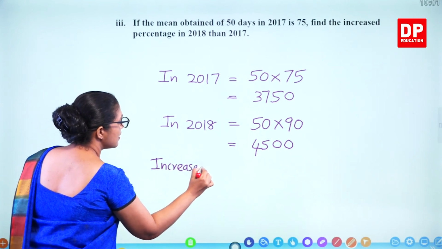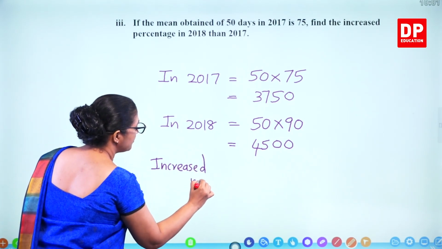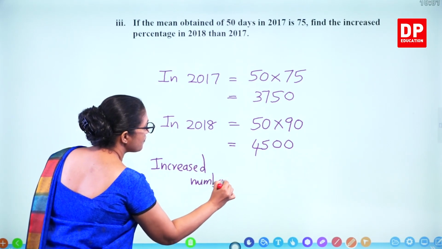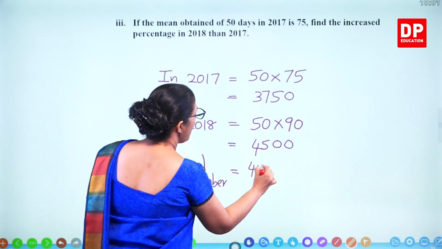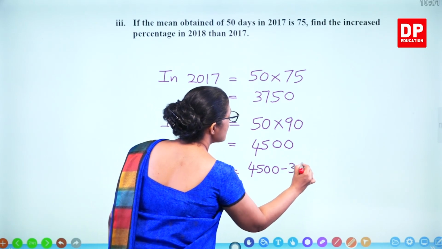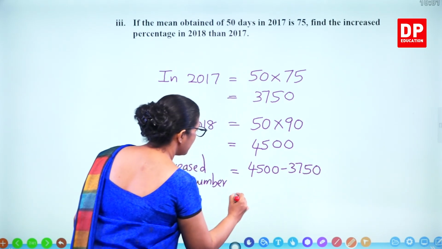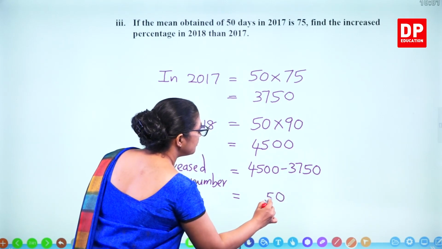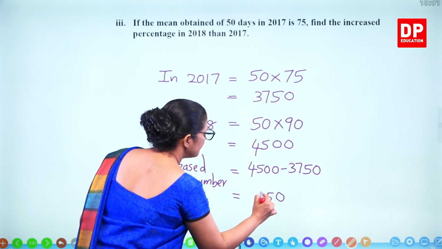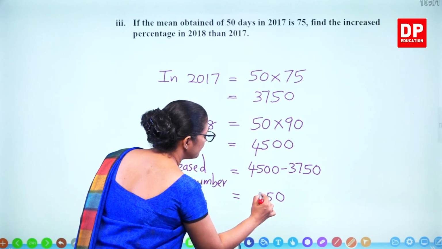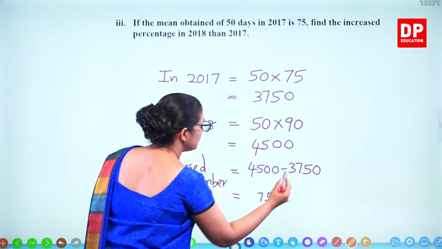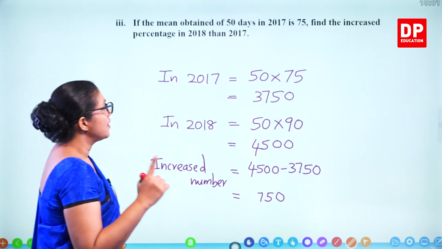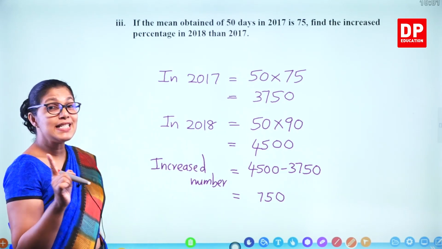Increased number. 4,500 minus 3,750. So 750. Now we need the increased percentage.